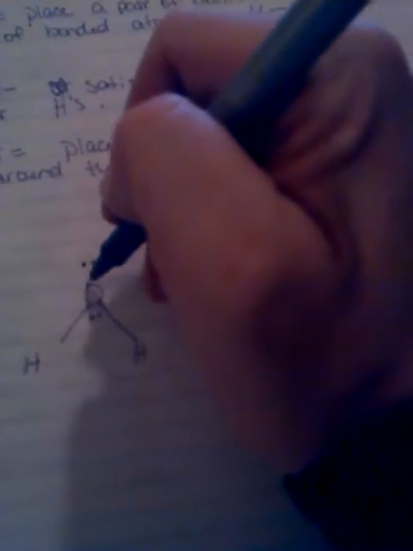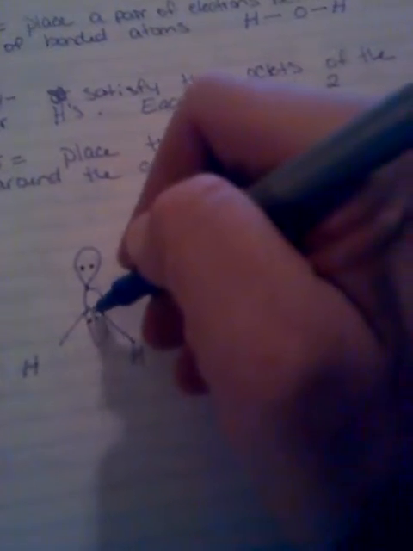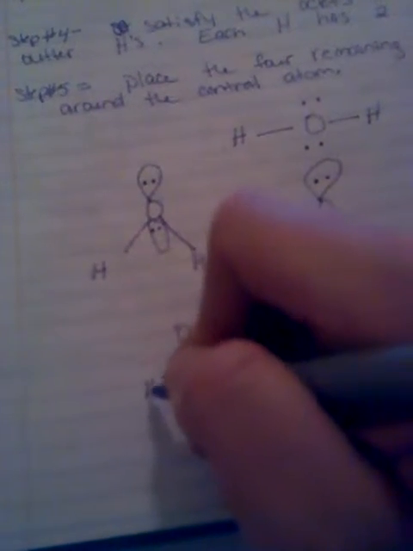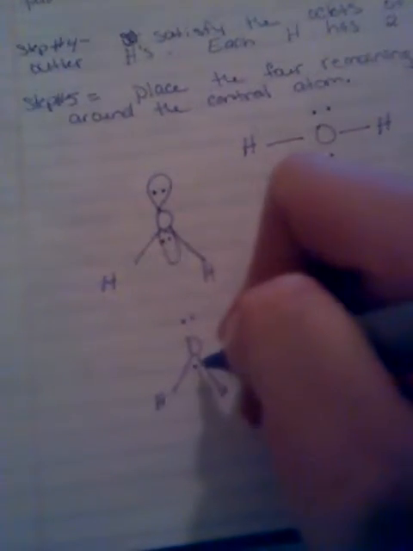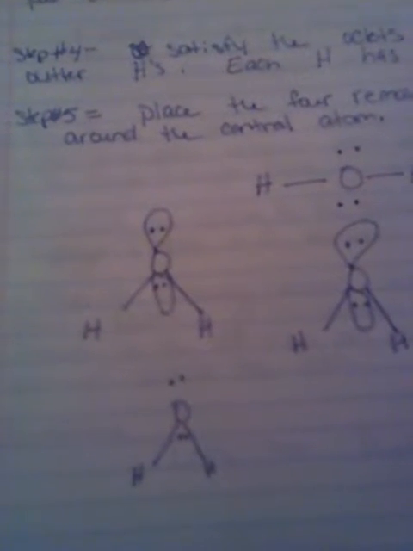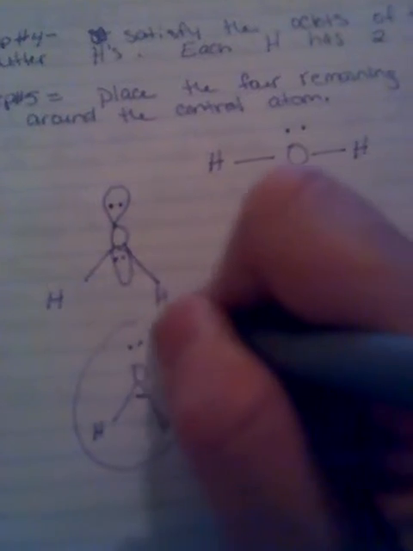You can make the bunny ears because they are a part of this. Or you don't have to. You can actually do water like this. But since it is bent, this is the shape that it will take. Right here. And that is how you do the Lewis structure for water.